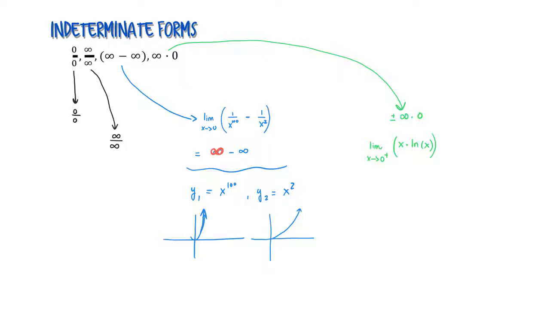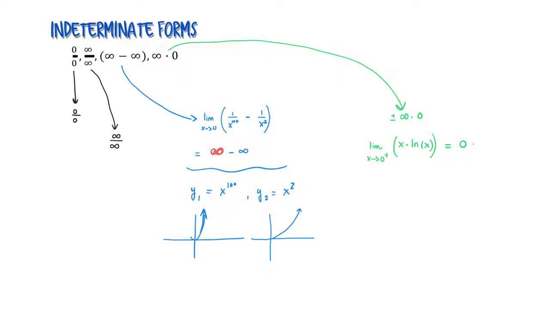So let's reason through this function intuitively, as we did with this function over here. As x approaches 0 from the right, think of x as the linear function, and x is approaching 0. So I already have that the limit of x as x goes to 0 is going to be 0.